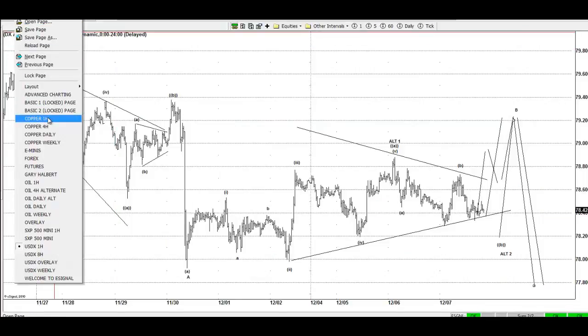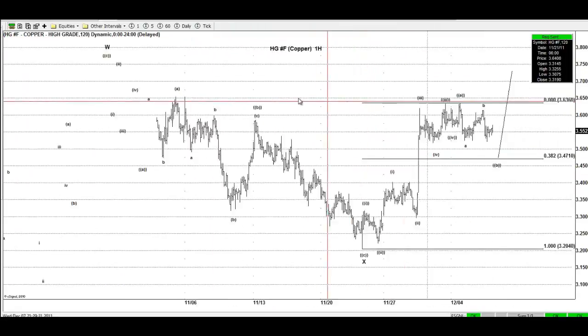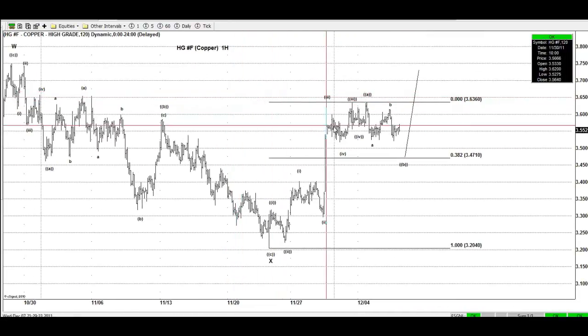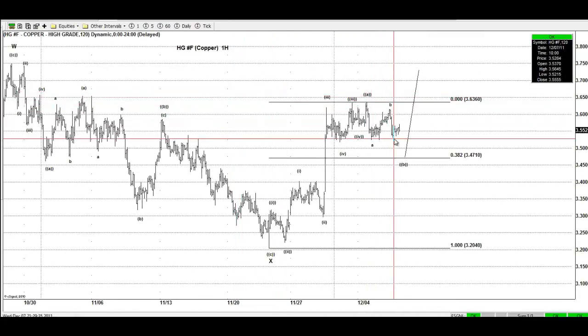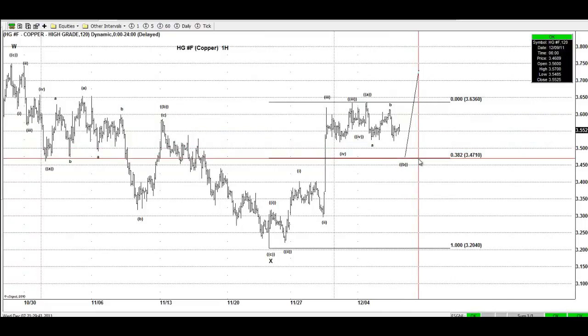Now, copper looks like it did 3 waves from the high, and I believe that copper may have more downside depending on the whole dollar move. But there are 3 waves after 5.